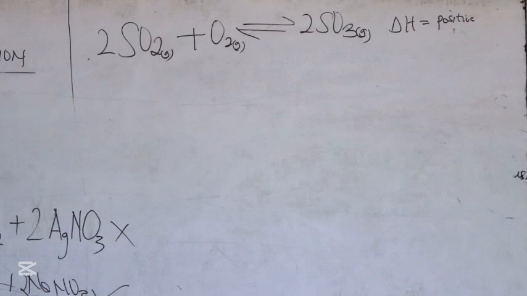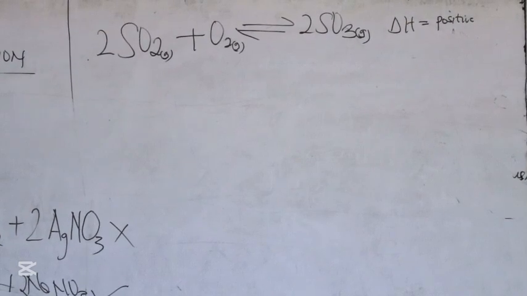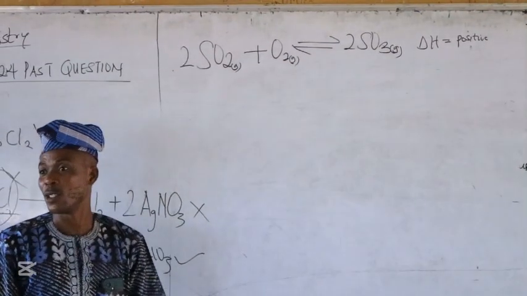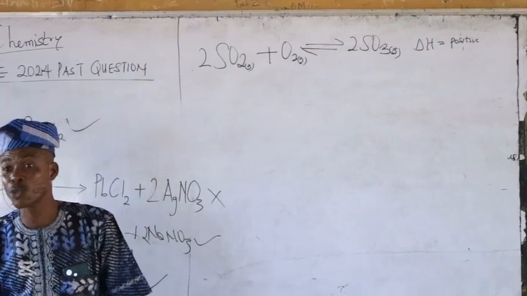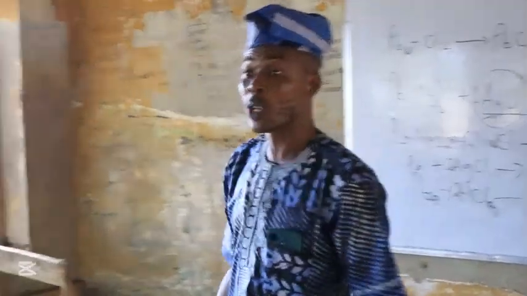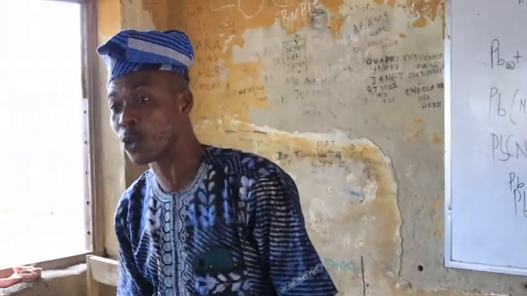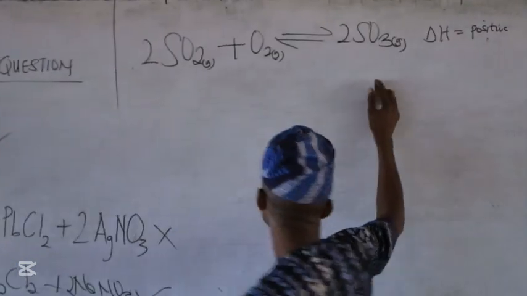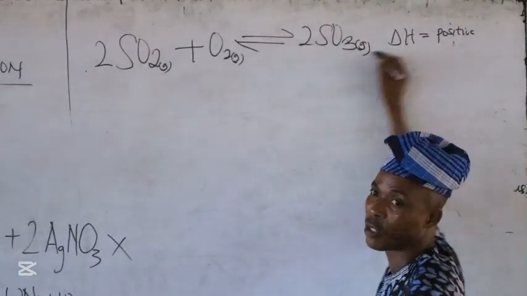Victoria. Increase in temperature, yes. The question just says mention conditions that will increase the yield of SO3. So if there is an increase in temperature, the position of equilibrium will move to the right, and more SO3 will be produced.